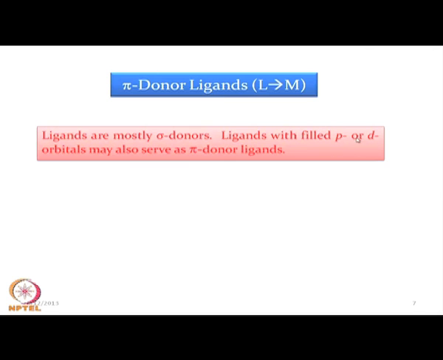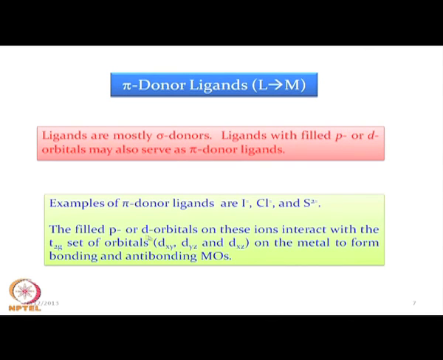But if we have filled p and d orbitals, not from the corresponding sigma type orbitals, they can serve as good pi donor ligands from the ligand side. The pi type donors are the iodide ion, chloride ion and the sulfide ion.